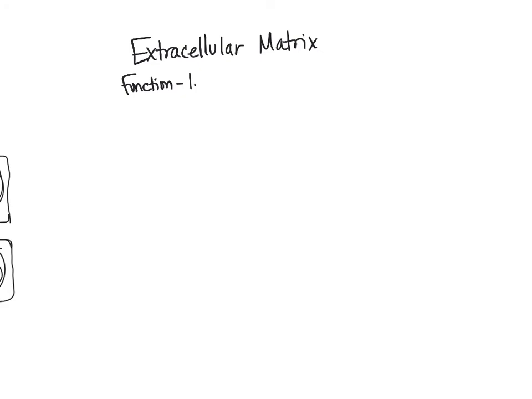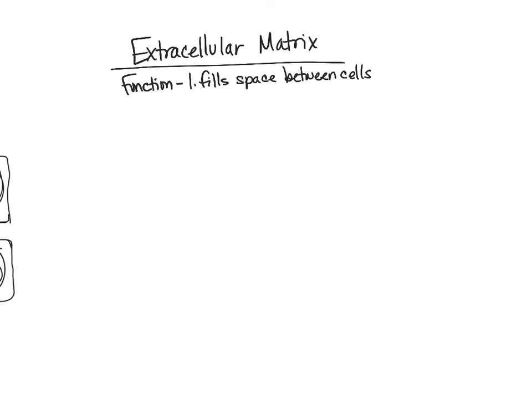For example, bone. There are bone cells, but between the bone cells is what we actually consider as bone. This is the actual extracellular matrix, the calcium and phosphorus deposits. So it fills the space between cells, because they're sometimes very, very far apart.